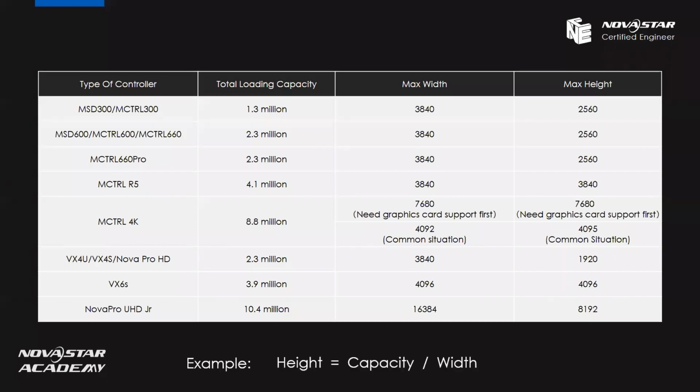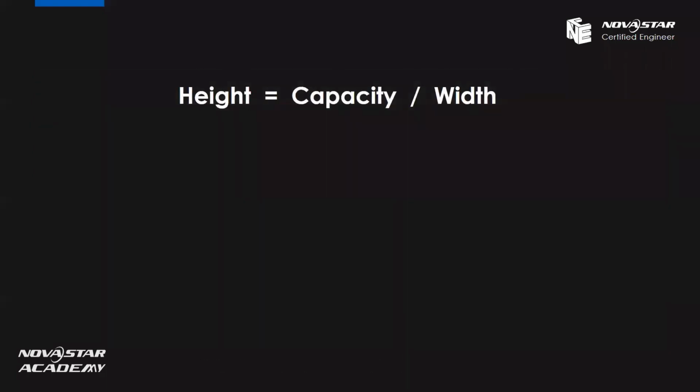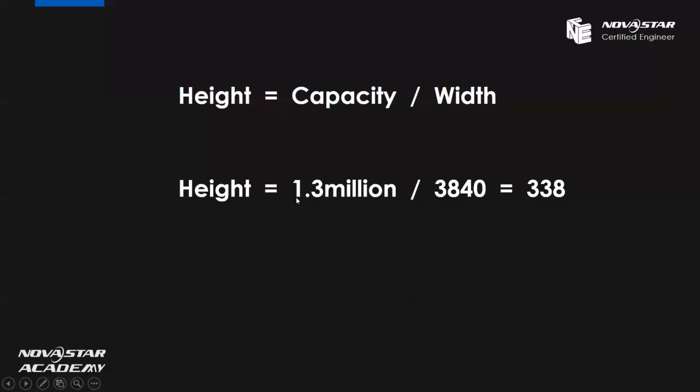Here, we can use this formula to get the result. The height is equal to the capacity divided by the width. So here we use 1.3 million pixels divided by 3840. And after calculating, we can get the height is 338.